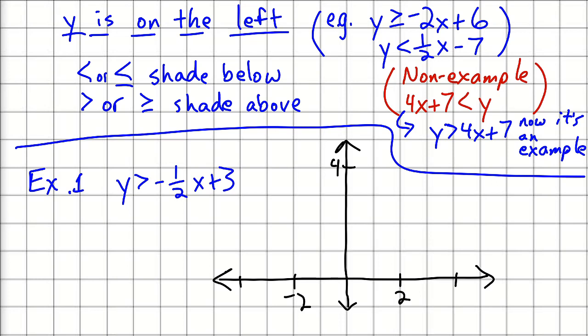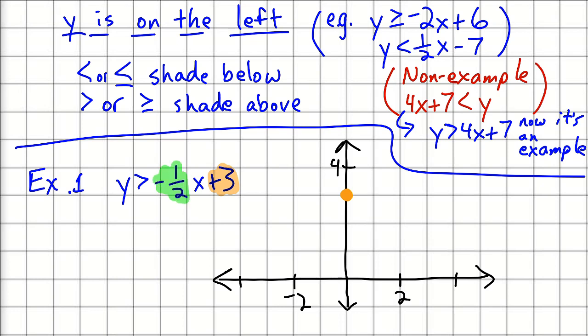So at 0, 3, here's my y-intercept. And then my slope is going to be negative 1/2.